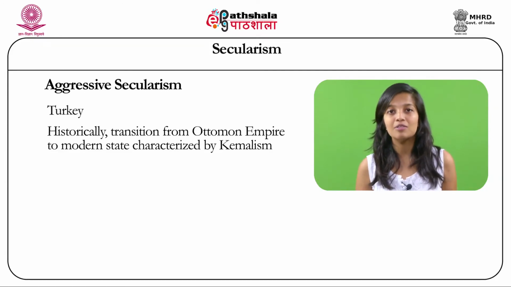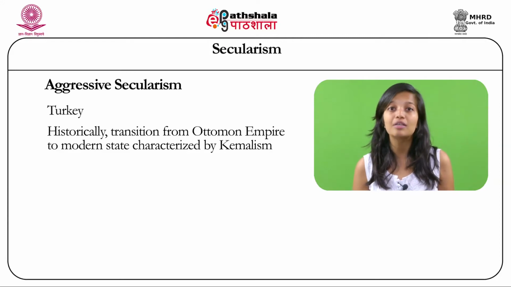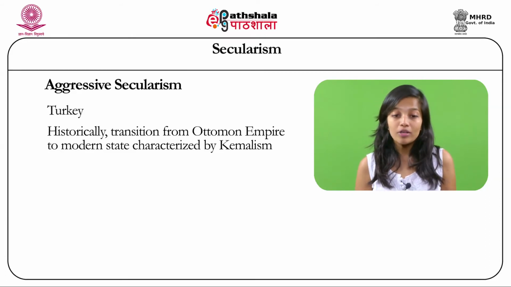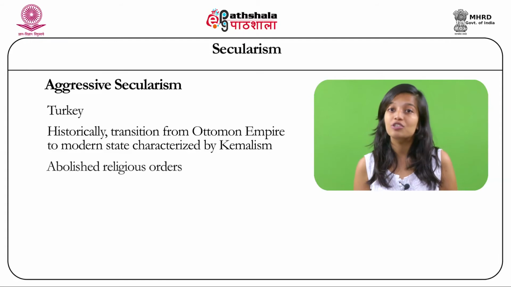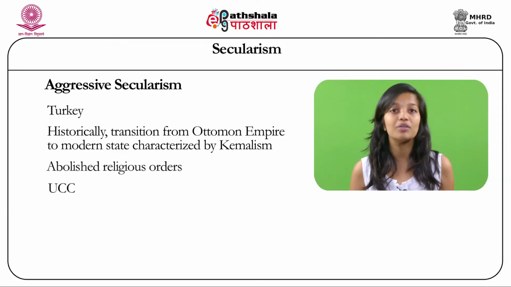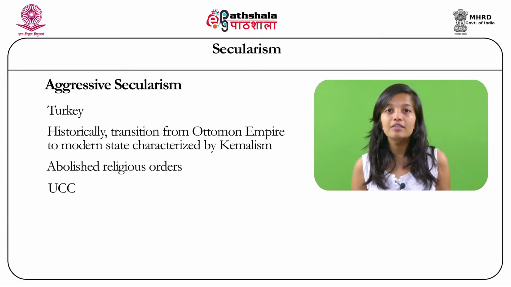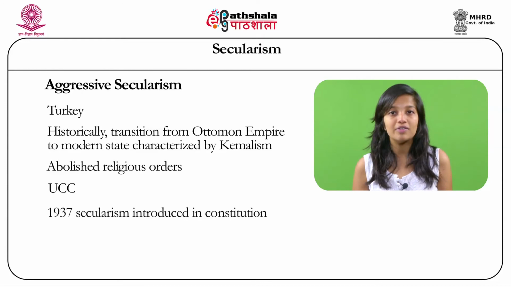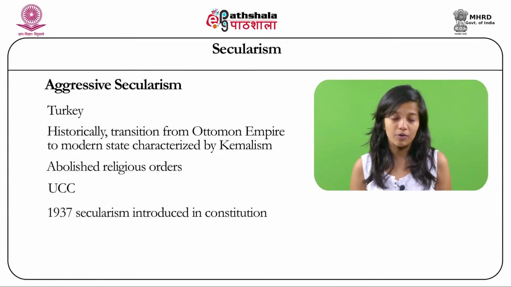What Kemalism sought to do was to create a more secular, modern Turkey, which was more akin to one of the Western countries that existed. What this entailed was the abolition of all religious orders, the creation of a uniform civil code that would govern all civil interactions, and further the introduction eventually in 1937 of secularism within the constitutional framework.